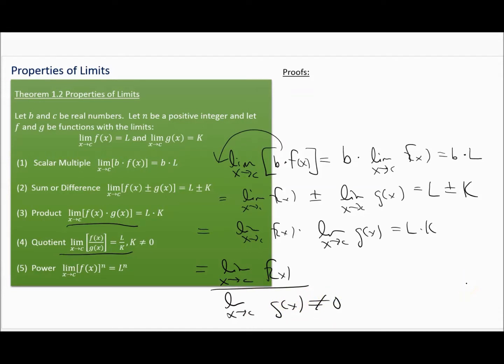You can do that. And then finally, that's raising a function to a power. You could write number 5 as the limit as x goes to c of f of x. Take the limit first and then raise it to the power. And then that would give you L to the n.